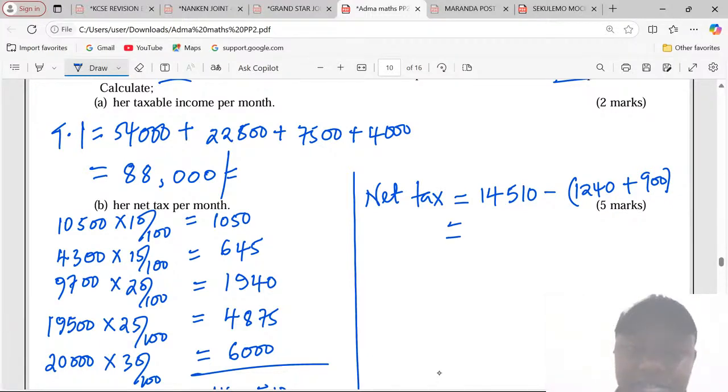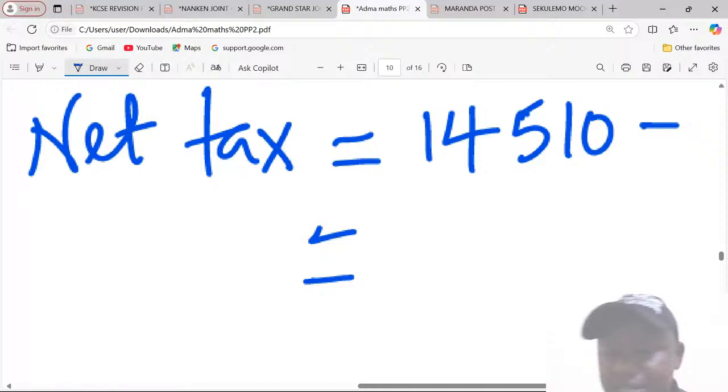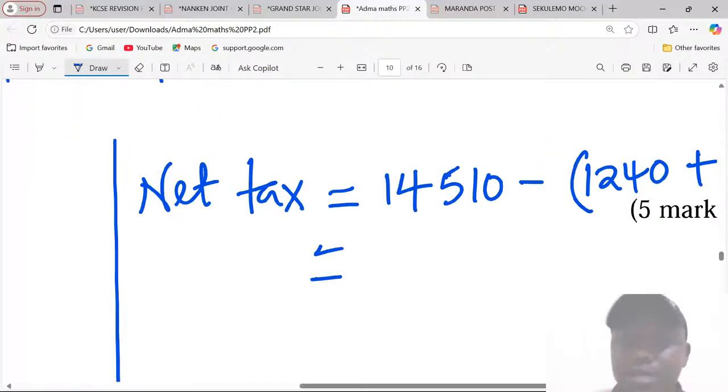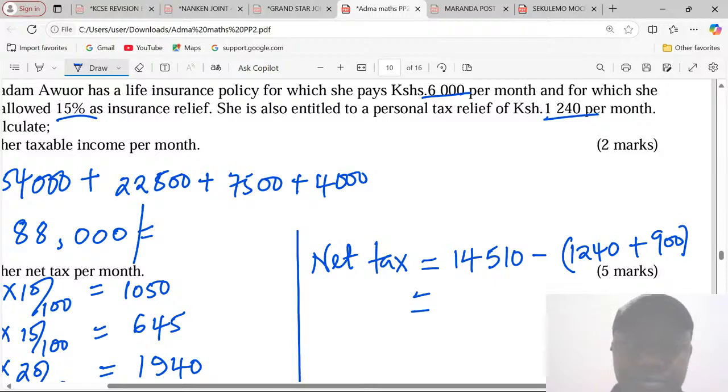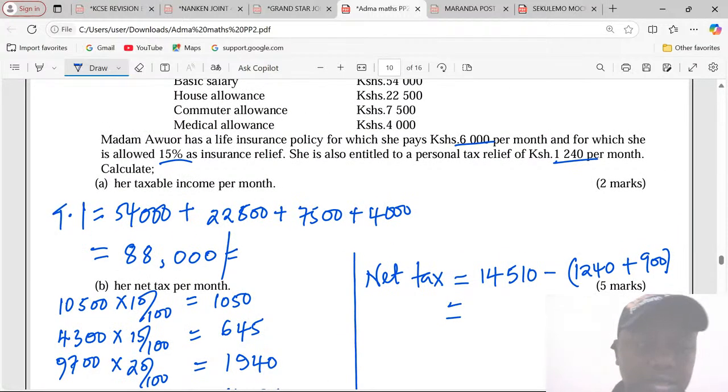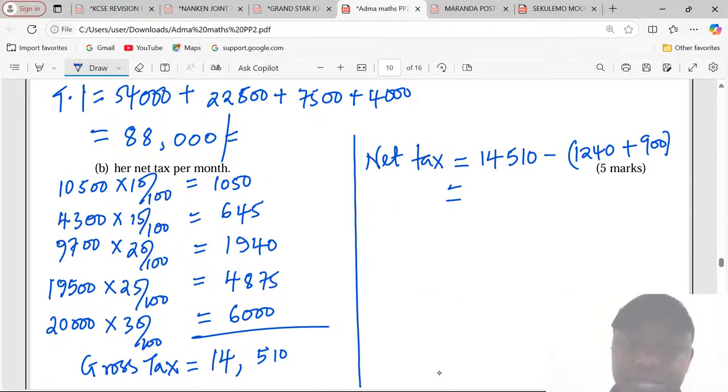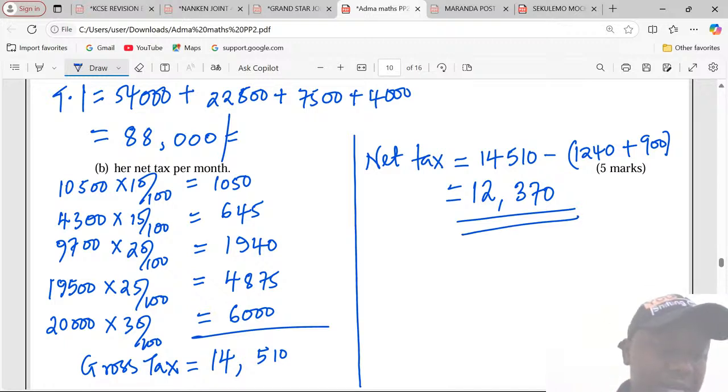This will give us 12,370. So this will be the net tax paid by Madam Awuor.